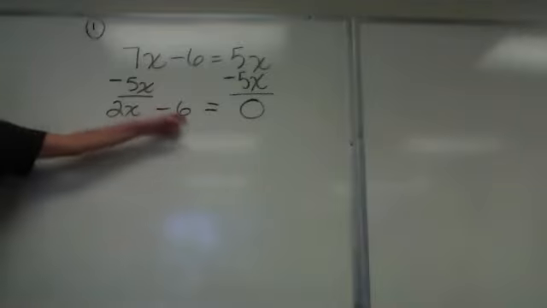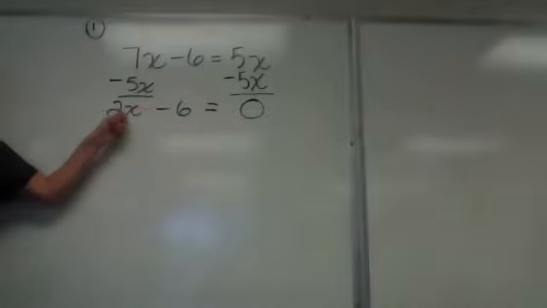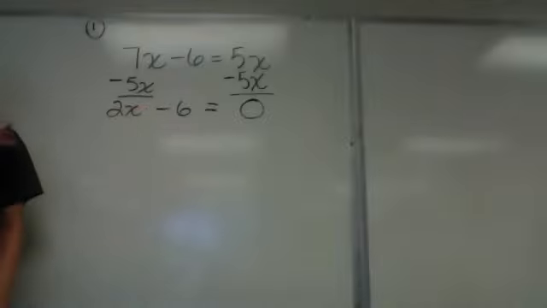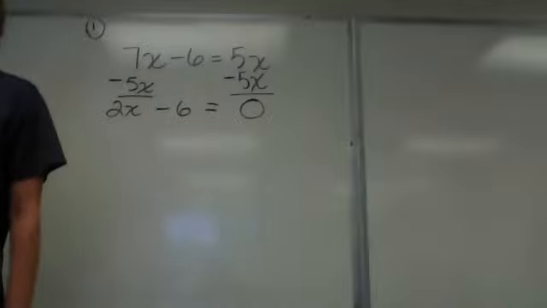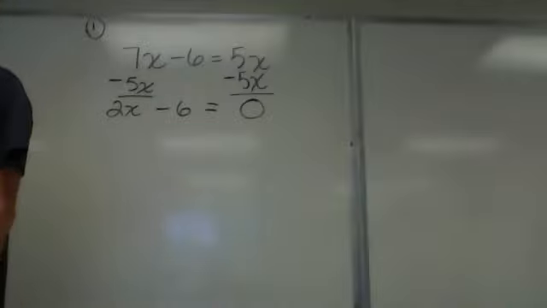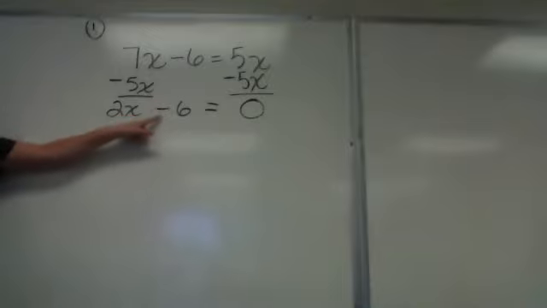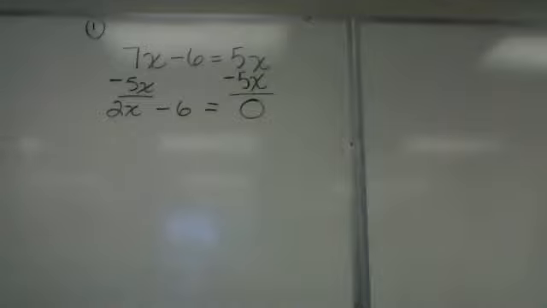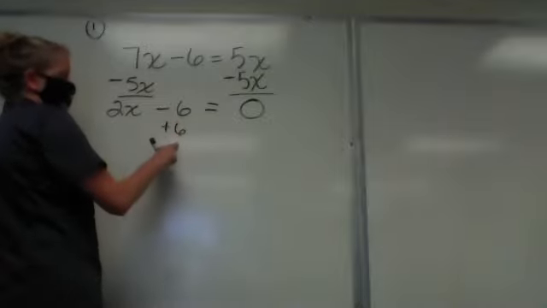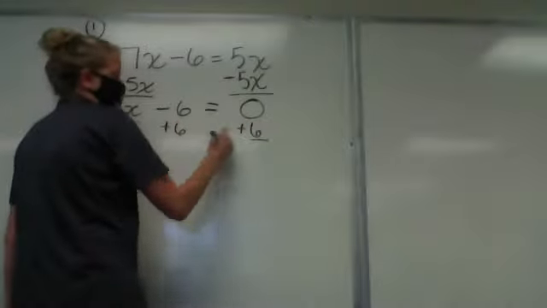Which means whatever is hooked on is 100% of the time the very last thing you're going to get rid of. So you're not getting rid of that 2 until the very end. You want to get rid of anything that is added or subtracted on the side of the x. So I need to get rid of the minus 6. How do you knock out a minus 6? Plus 6. That's right. You do it to one side, do it to the other.